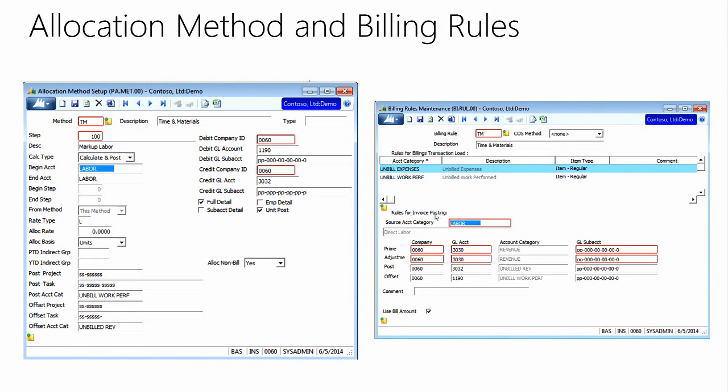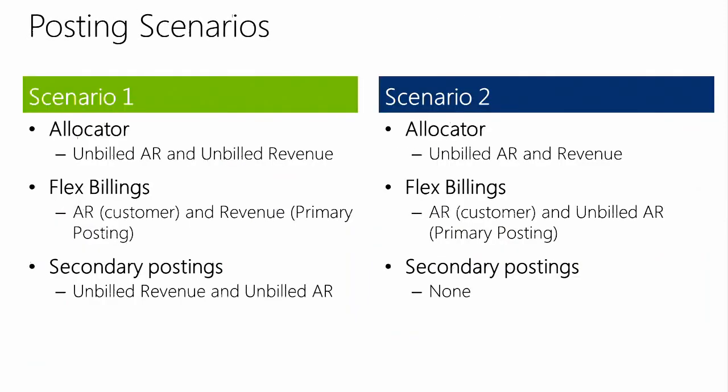So when the billing happens on the project, I needed to go to revenue, which is going to be the 3030 account, and then the offset to that will be the AR account that's on the customer. But I also needed to clear out these unbilled accounts that we put it into from Allocator. So the post and the offset are called secondary postings, 3032 and 1190. That's how we're going to clear out our postings.